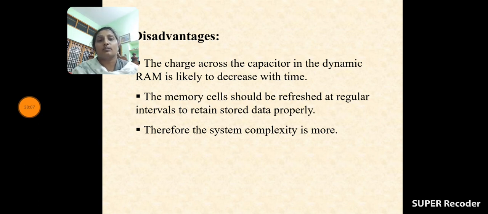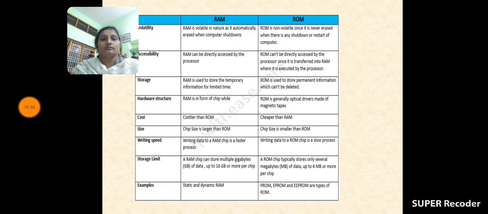Because of that property, it will affect the stored information. The memory cells should be refreshed at regular intervals to retain stored data properly, and therefore the system complexity is more.